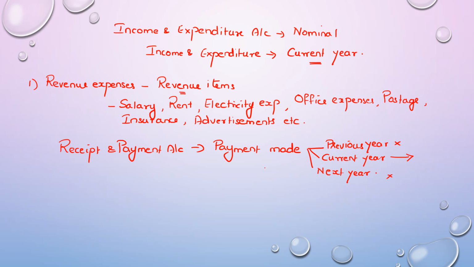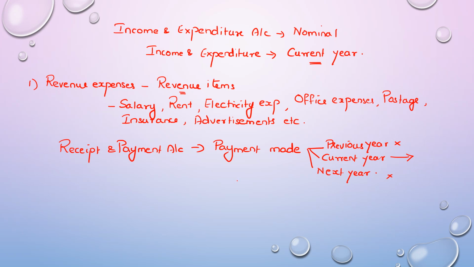So we will be adjusting the payment made with certain adjustments related to outstandings and prepaids, and arriving at the advance payments made, to arrive at the current year figures. Therefore, whatever is the payment made, that would be adjusted.